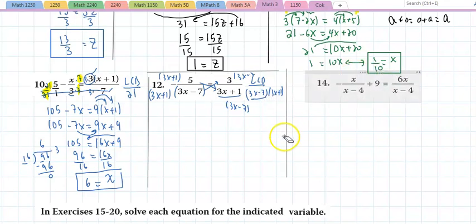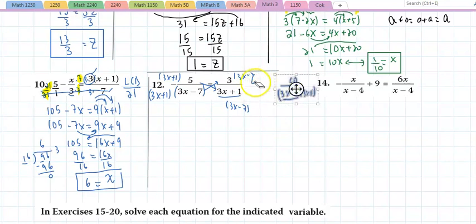I want this to look better. We have plenty of room, no need to squish things in. Here we go. So the LCD was this, and we multiply; this is missing the 3x minus 7.